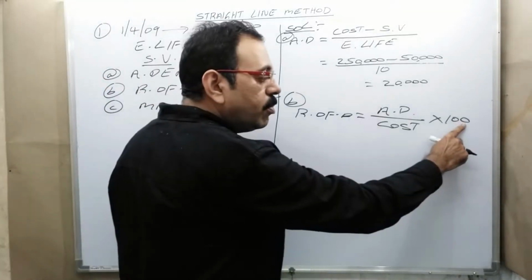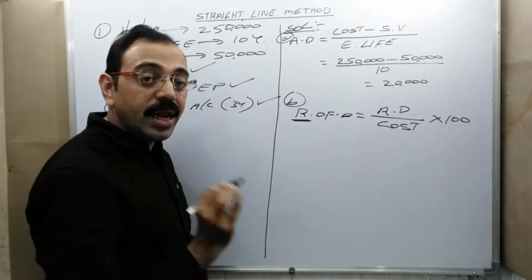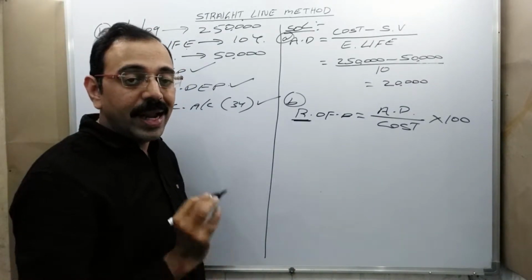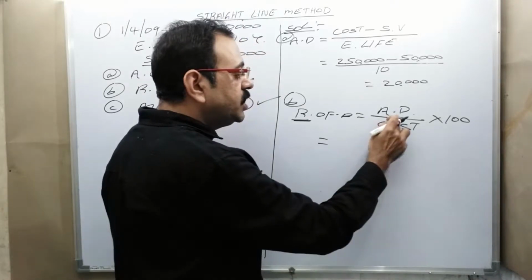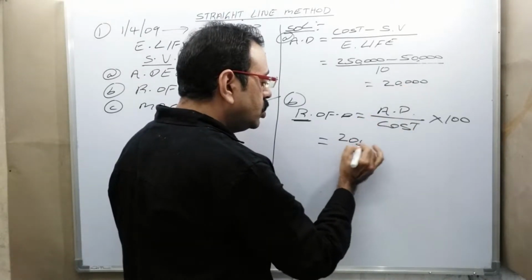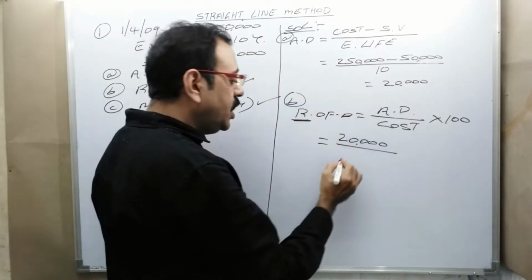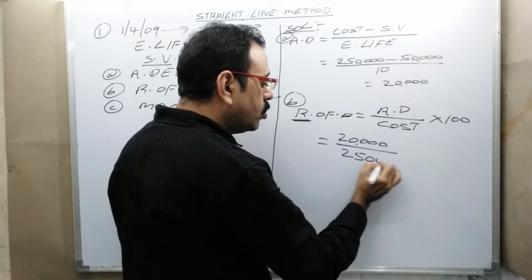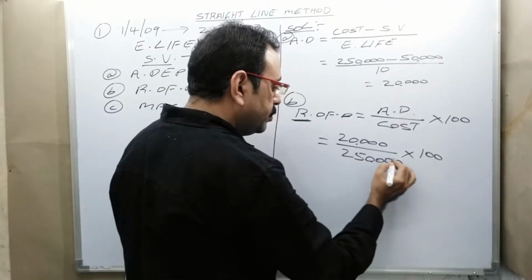Why with 100 we have to multiply? Because he is asking us to calculate the rate of depreciation. Rate means percentage, no? That is why. Annual depreciation is already calculated here. 20,000 rupees divided by cost of the asset is 2,50,000 into 100.